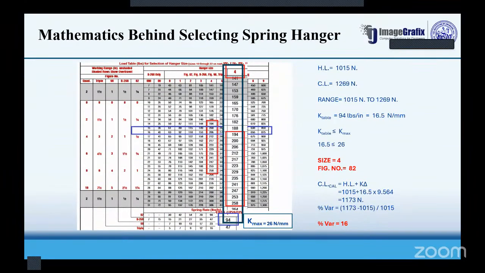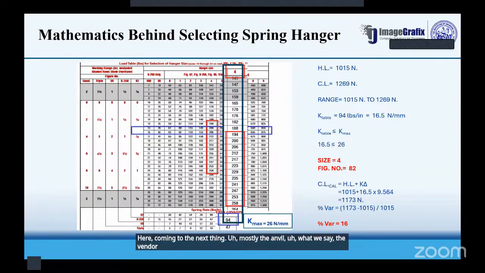Coming to the next thing, the vendor we have selected, Anvil, mostly has the guide, the table or catalog, in the Imperial unit file, so we'll be converting that into our unit file.